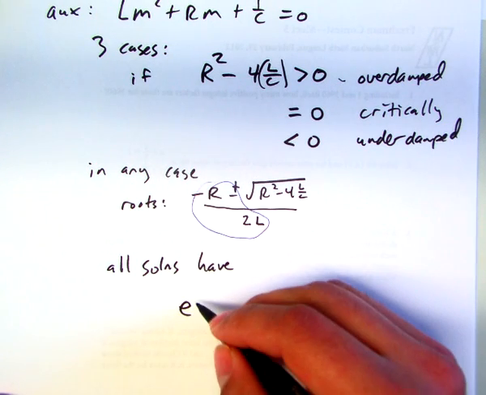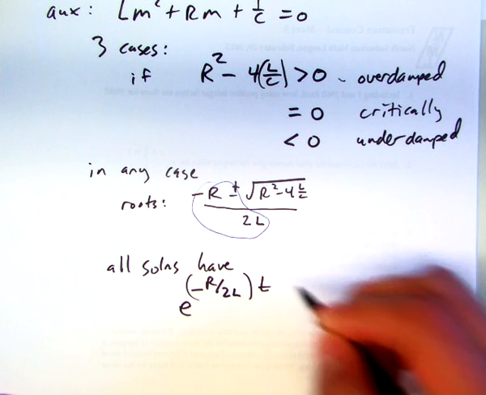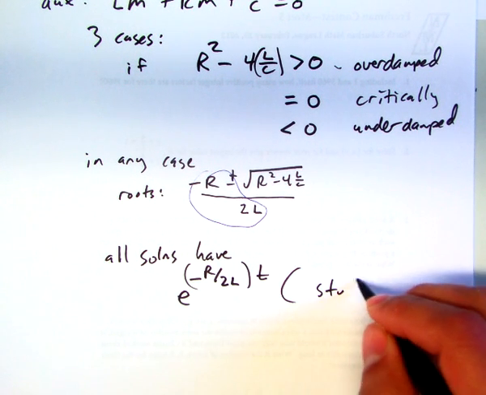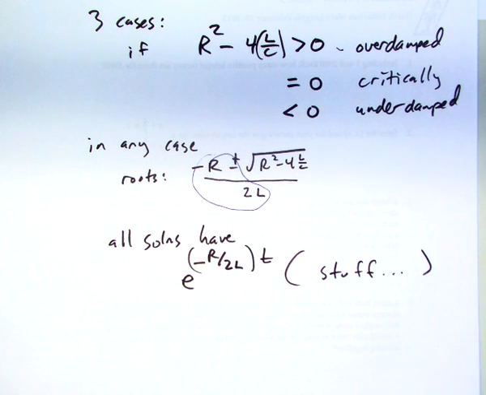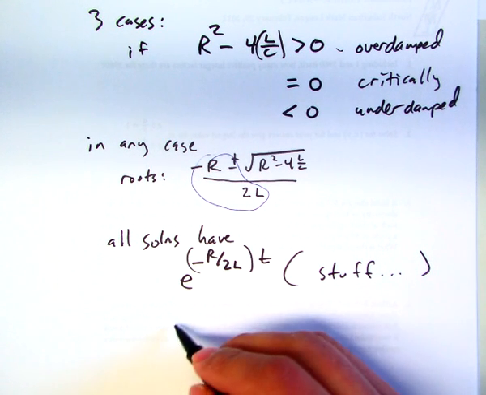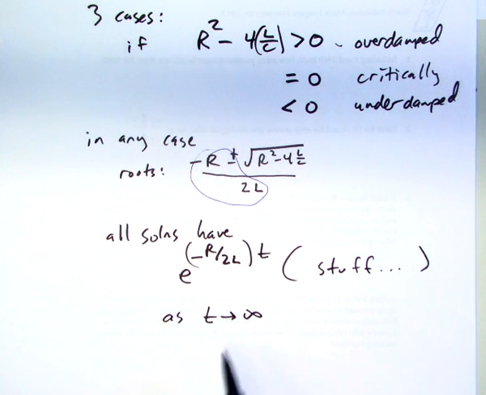E to the minus R over 2L, good, times t. And then you have your other stuff, right? But as time goes to infinity, what happens with the system?